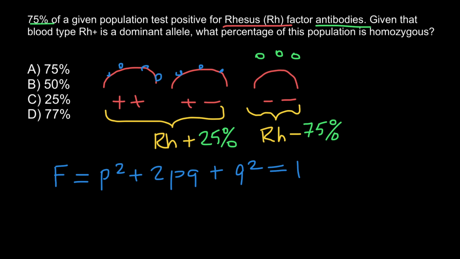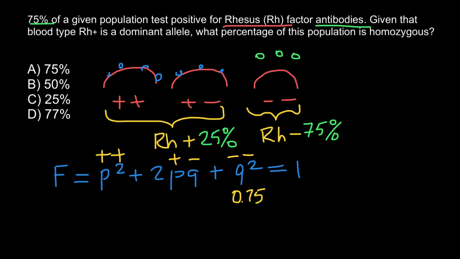P squared stands for the homozygous dominant genotype, 2pq stands for the heterozygous genotype, and q squared stands for the homozygous recessive genotype. And we know the frequency of this homozygous recessive genotype as 0.75.